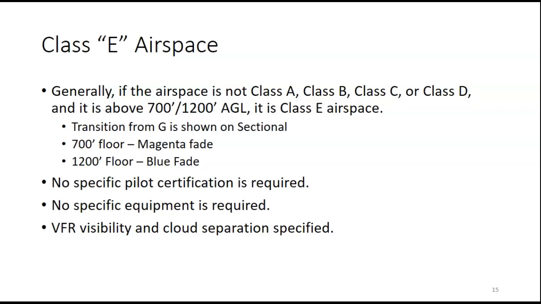If you see a magenta colored fade, then the floor of the Class Echo airspace in that area is 700 feet above ground level. If you see a blue fade, then the floor of the Class Echo airspace is 1,200 feet. There's no specific pilot certification required to fly in this airspace, and no equipment is required either. But you do have to maintain VFR visibility and cloud separation requirements.